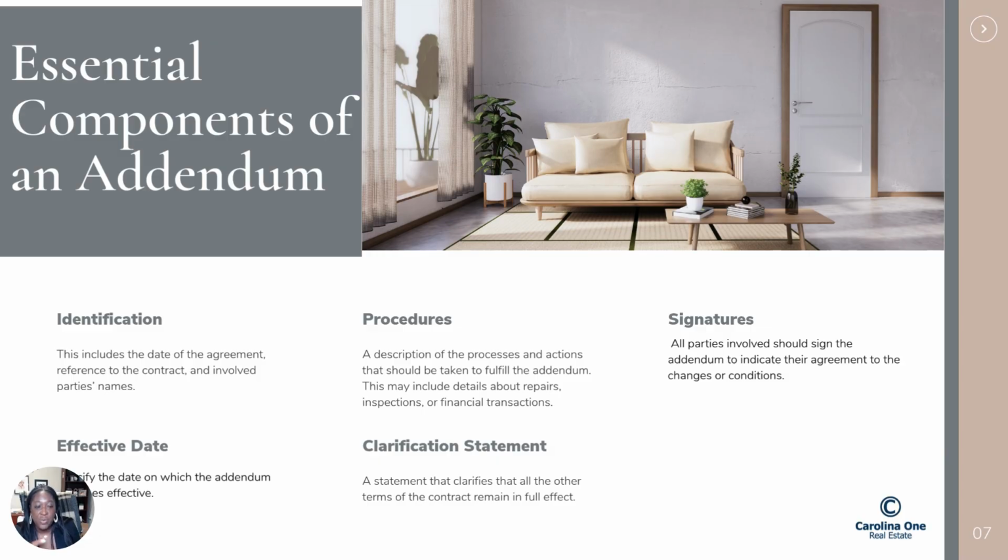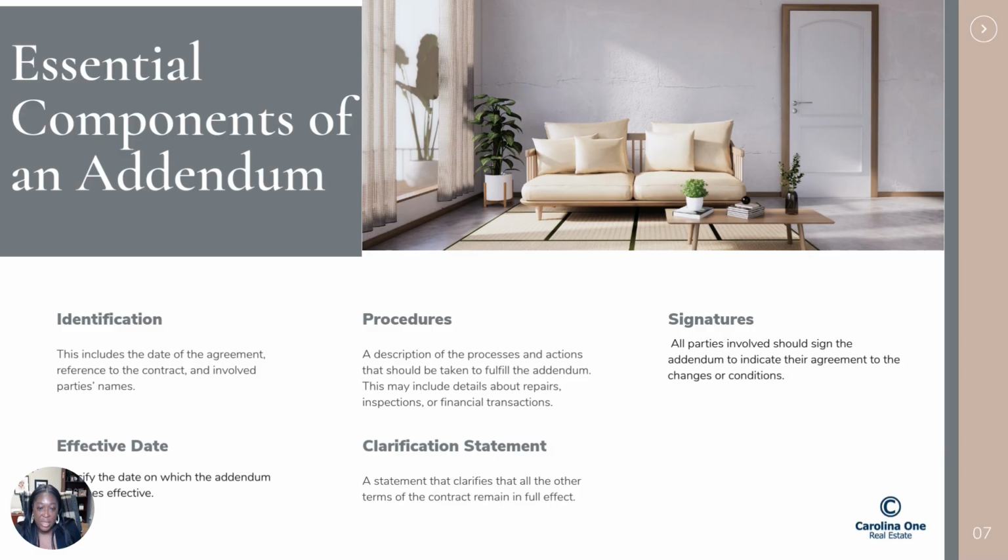You do not have to rewrite the parties' names throughout the language in the addendum. More than likely, you are going to say, buyer and seller agree that, or buyer and seller agree to the following. Also, your addendum should have an effective date. That is the date in which the addendum goes into effect.